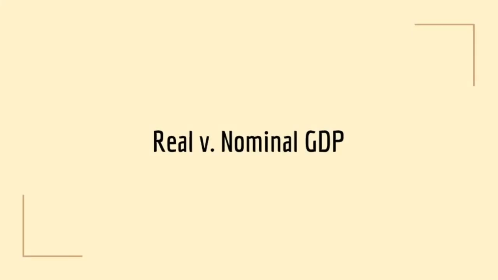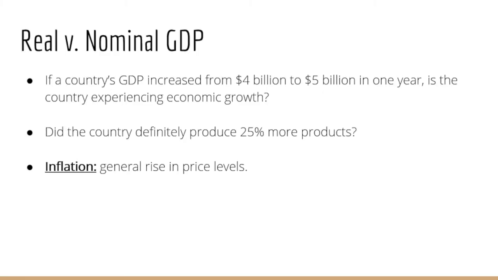All right, so real versus nominal GDP. This is something that we covered at the very tail end of our previous video with the CPI, but we need to go over it again. Before we get into the actual definitions, let's look at this question. If a country's GDP increased from 4 to 5 billion in a given year, is the country experiencing economic growth?